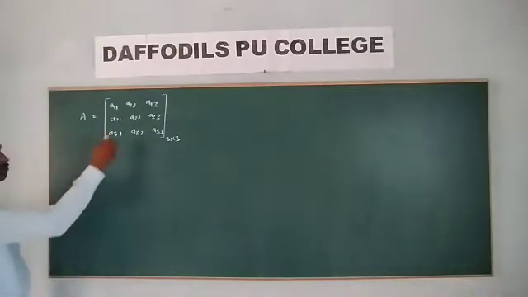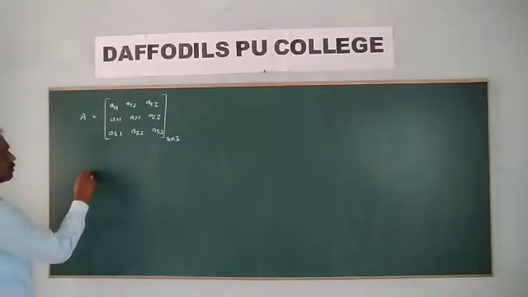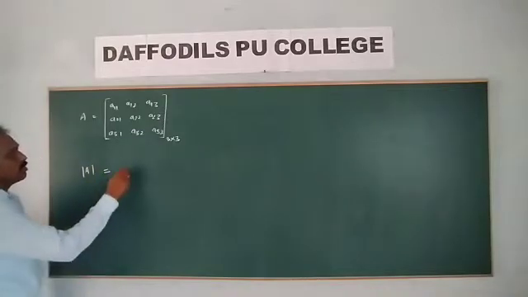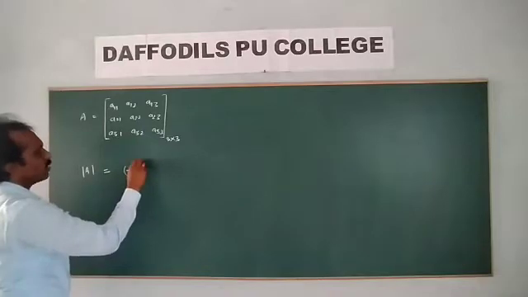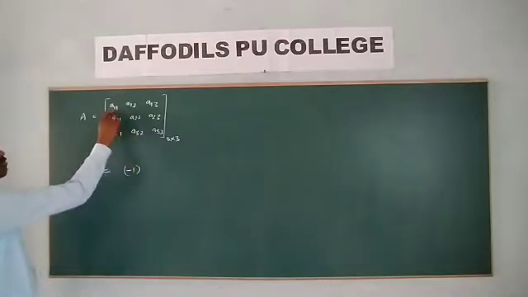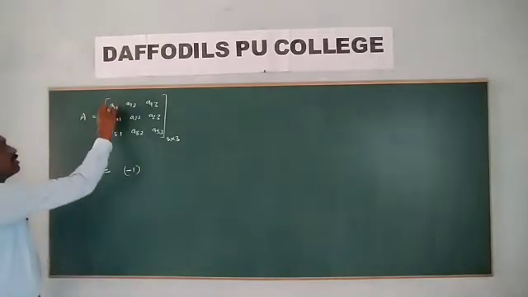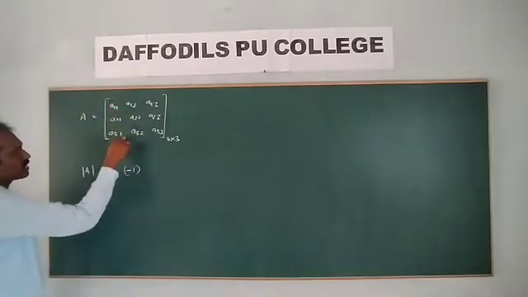What is the first step? Det A is equal to, first of all, (-1) to the power of i plus j times a11, where the suffix means this element is in the i-th row and j-th column.